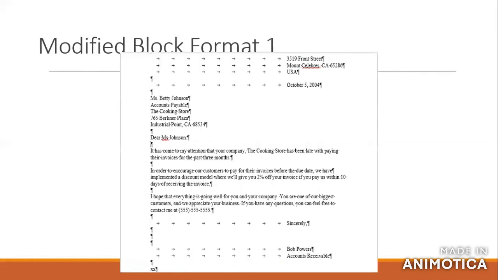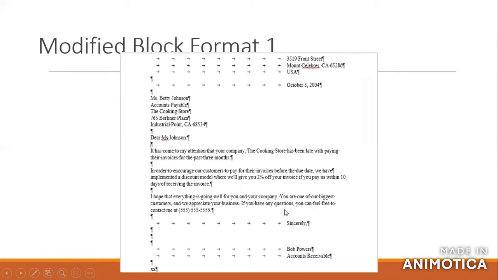Okay, and then you have modified block. In modified block, you have the sender's information and the date to the right-hand side of the paper, right here. And then you have the receiver's information, the salutation, and the body of the letter to the left-hand side, and then the complimentary close goes to the right, sorry, I keep saying left.